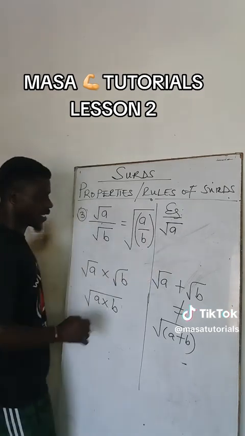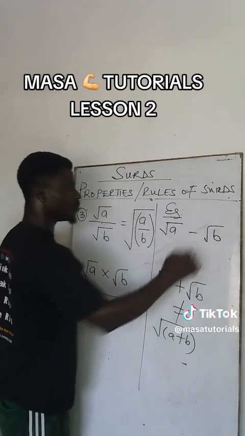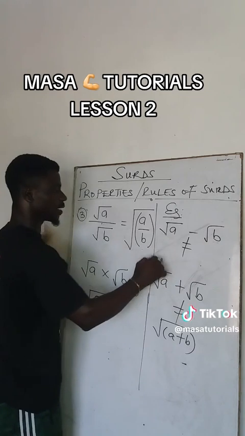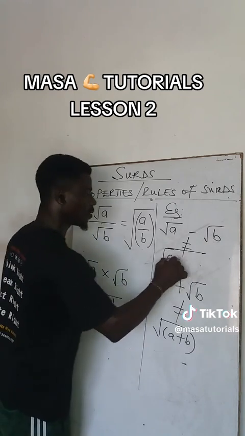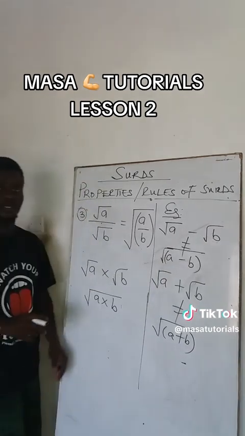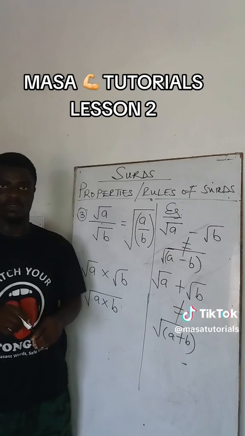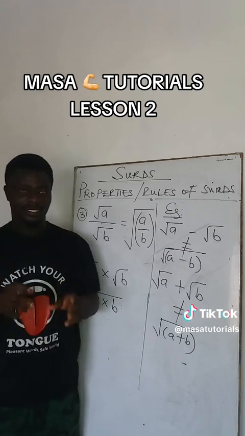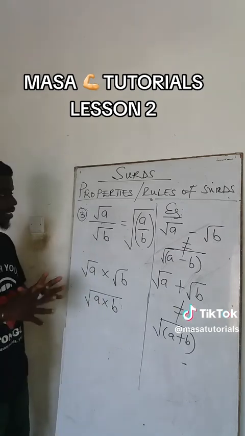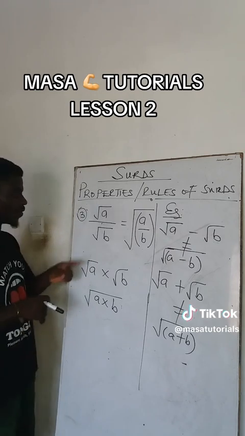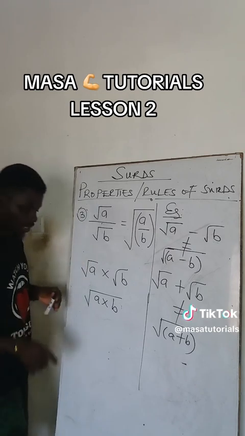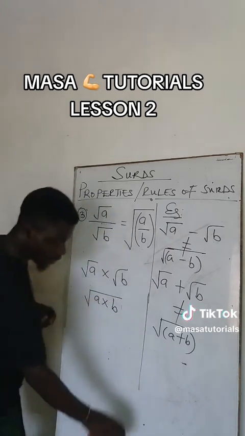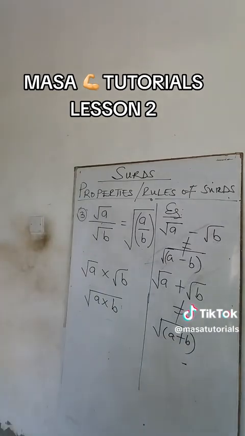If I have root A minus root B, it's not the same thing as root of A minus B. They are not the same. Take note of that. So now let's concentrate on our division.